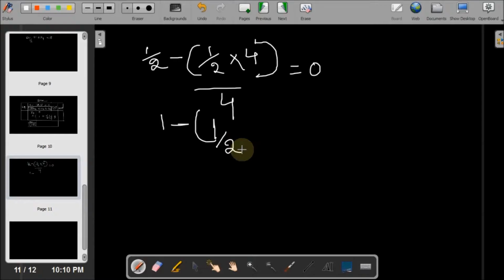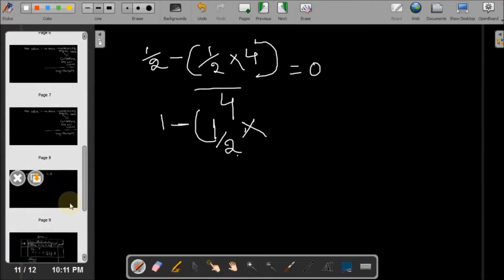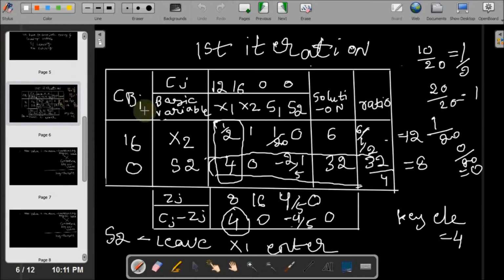Now what is the corresponding row element? You can see this here. The corresponding row element is 0. For 1, the corresponding row element is 0.